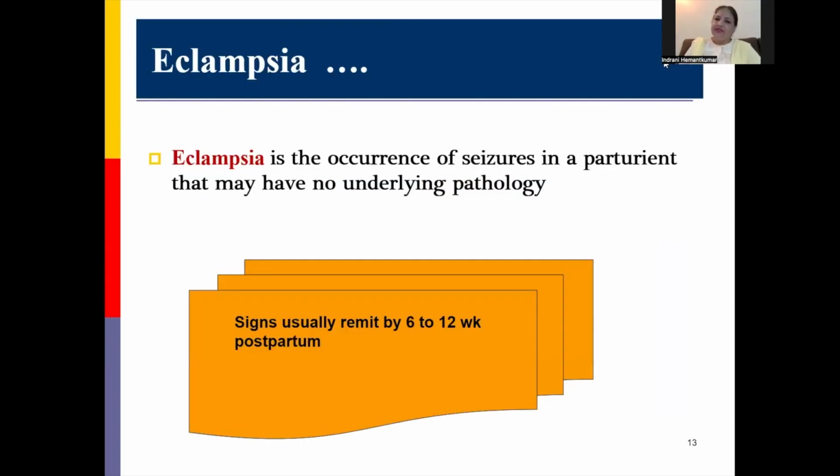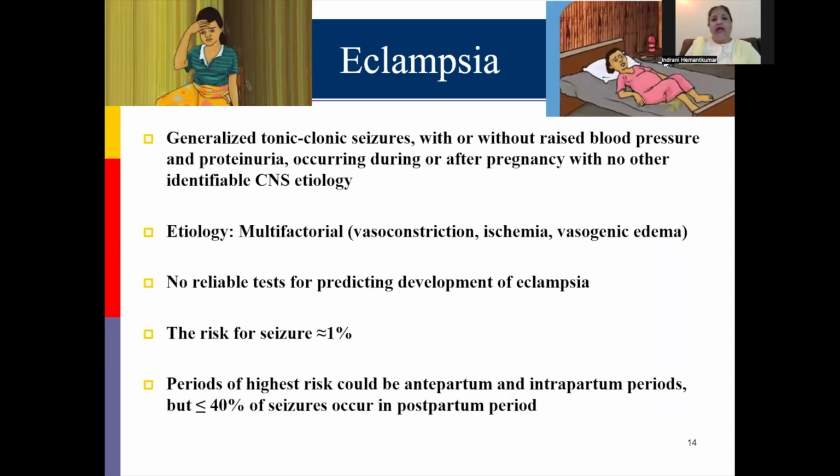What is eclampsia? Eclampsia is the occurrence of seizures in a parturient that may have no underlying pathology, and generally the signs usually remit by 6 to 12 weeks postpartum. In eclampsia, the patient develops generalized tonic-clonic seizures with or without a rise in blood pressure and proteinuria, and it occurs during or after pregnancy with no other identifiable central nervous system pathology.